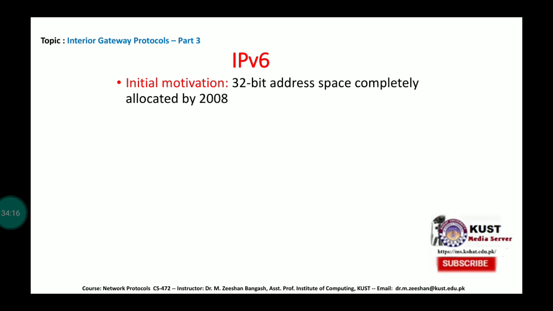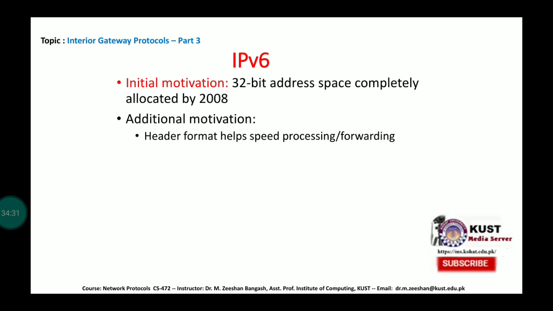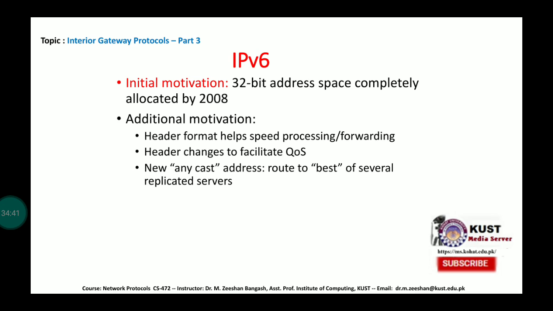As far as IP version 6 is concerned, previously IP version 4 had a 32-bit address space that was completely allocated by 2008. An additional motivation was that the header format helps speed processing and forwarding, and the header changes facilitate quality of service, and a new anycast address to route to the best of the replicated servers was introduced.